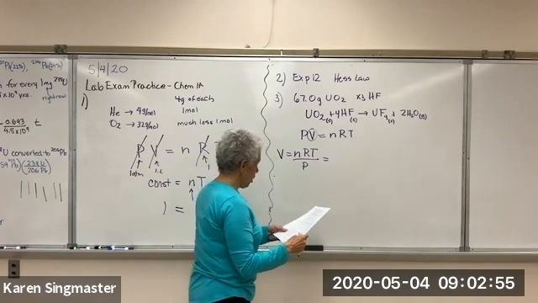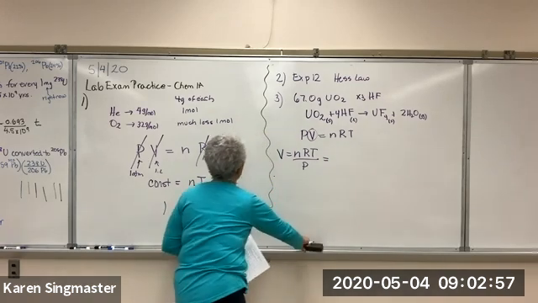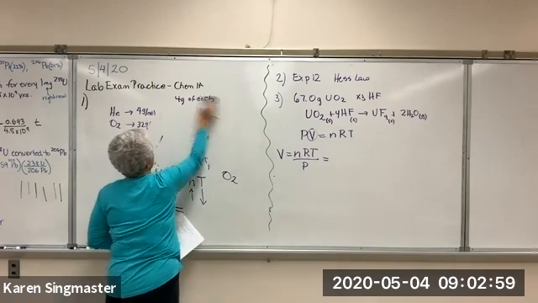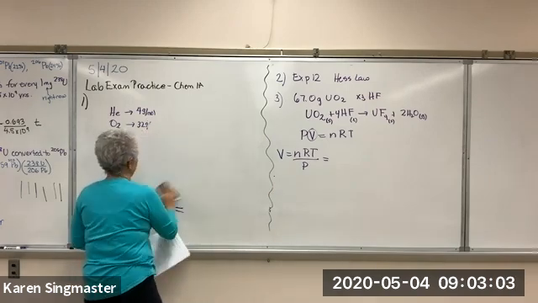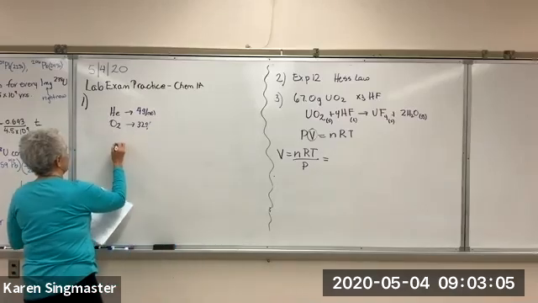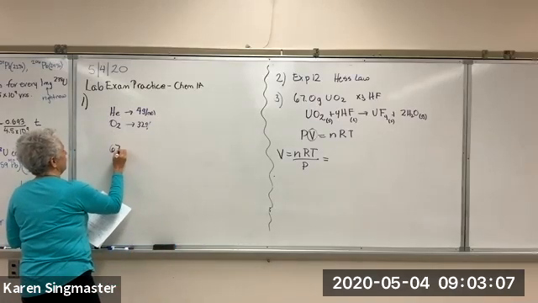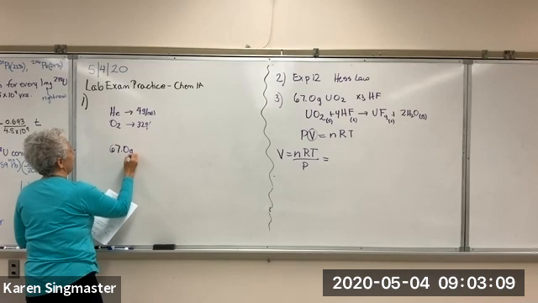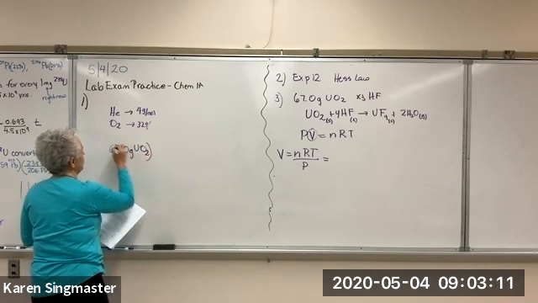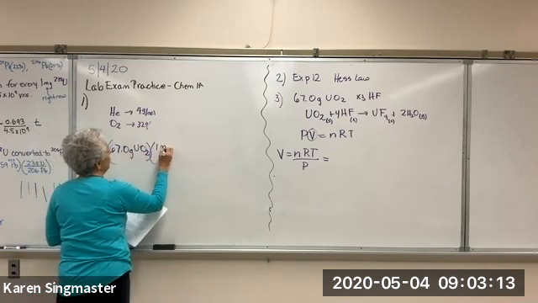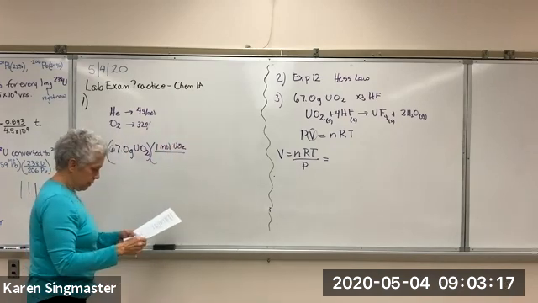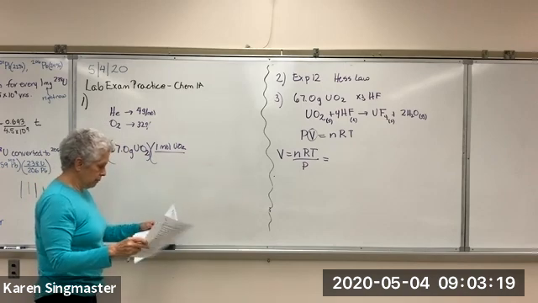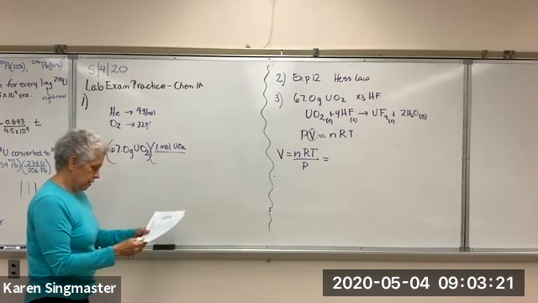Okay, so I have to find n, right? So I have to find n. I have 67.0 grams of UO2, 1 mole of UO2 equals, I have to find uranium in my periodic table.